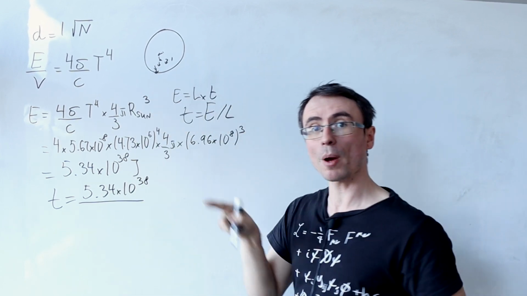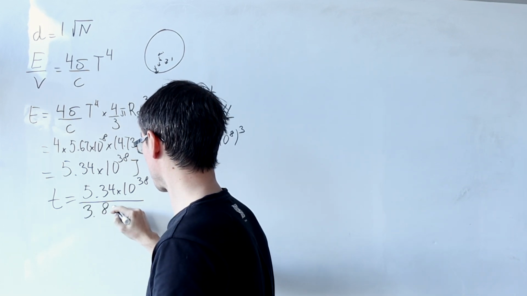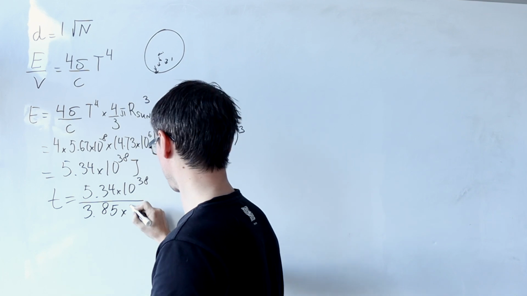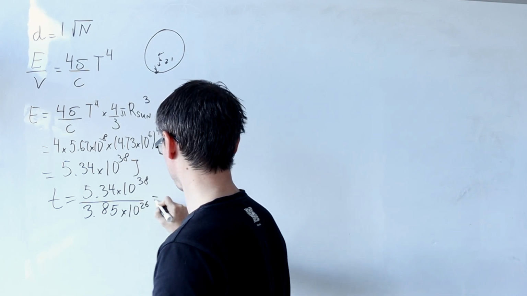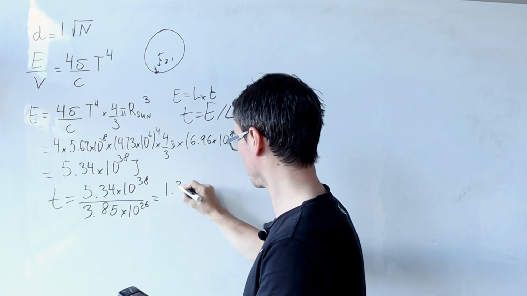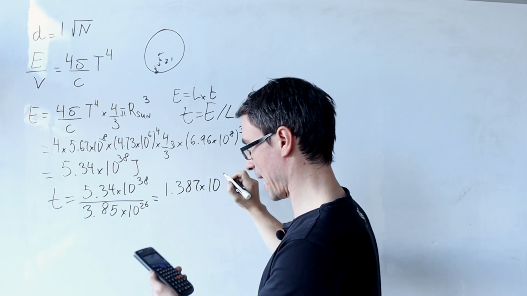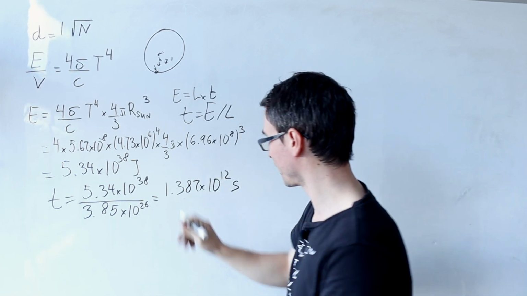And in the previous part of the question, we're given the luminosity, which was 3.85 times 10 to the power of 26. Okay, this will give me around 1.387 times 10 to the power of 12 seconds.